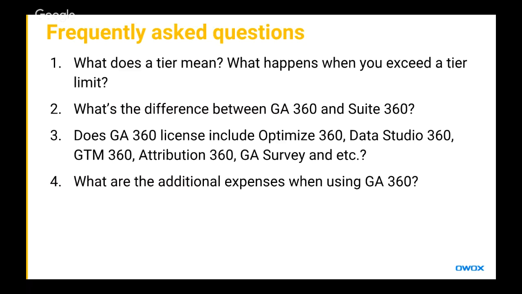What are the additional expenses when using GA360? Actually, it depends on the services which are connected with your GA. The most common thing is using integration with Google BigQuery.